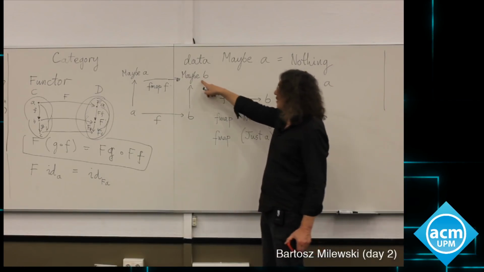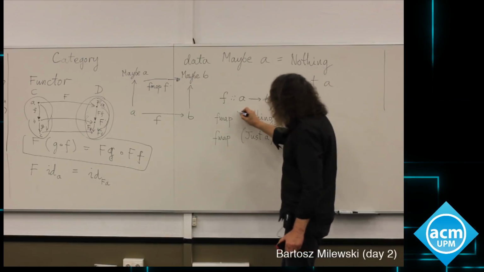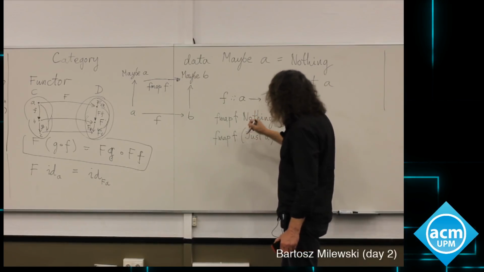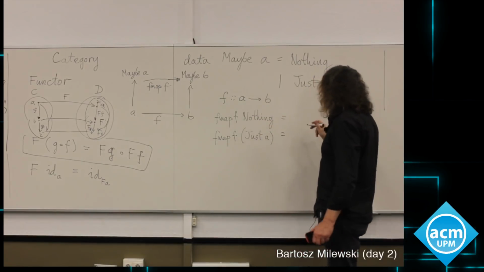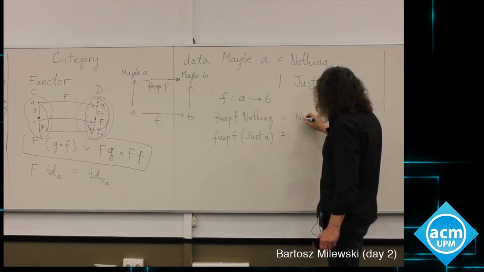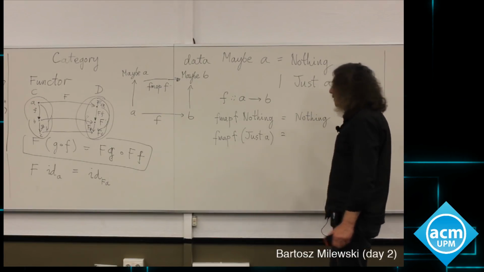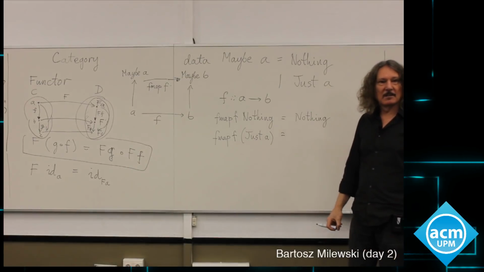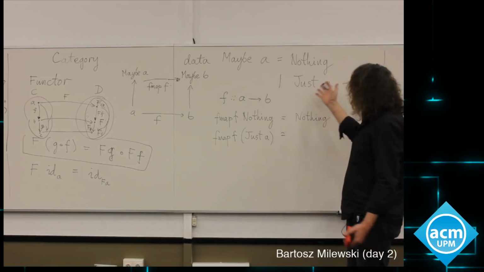It has to return Maybe B. On Nothing, the only thing it can do is return Nothing, because it doesn't have anything to work with. It can either return Nothing or Just, but Just what?